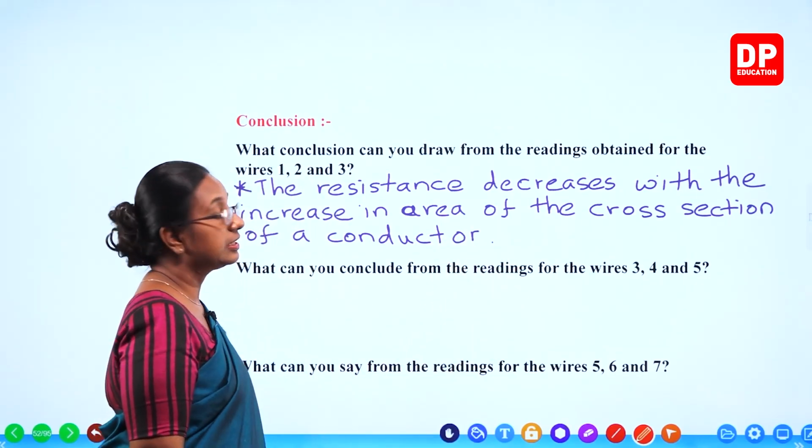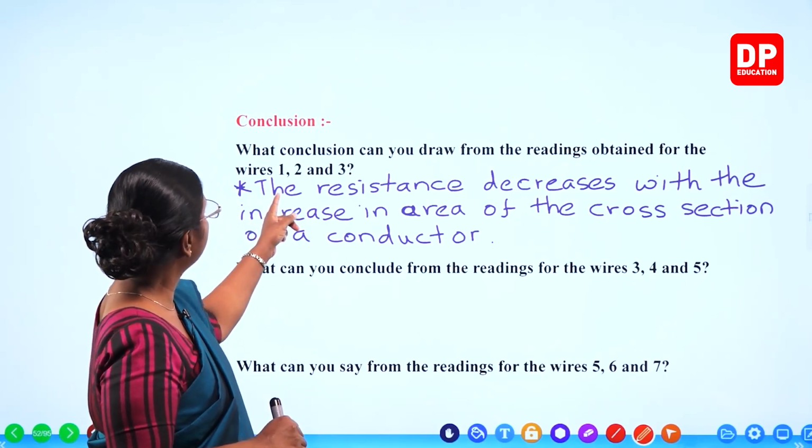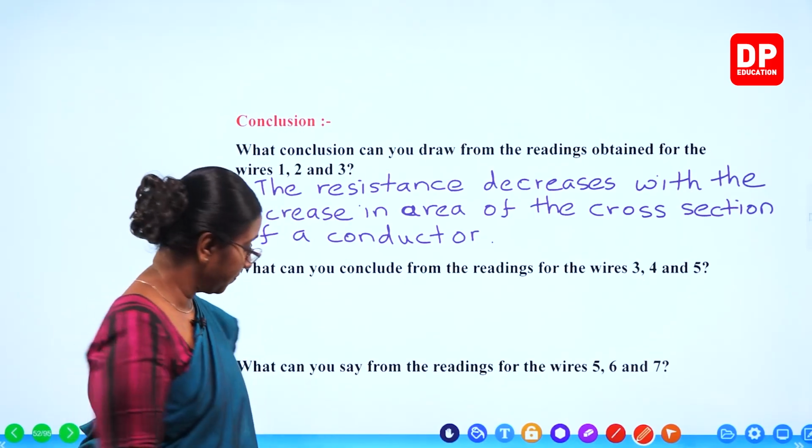So that is the conclusion from the first three conductors, the wires 1, 2 and 3.